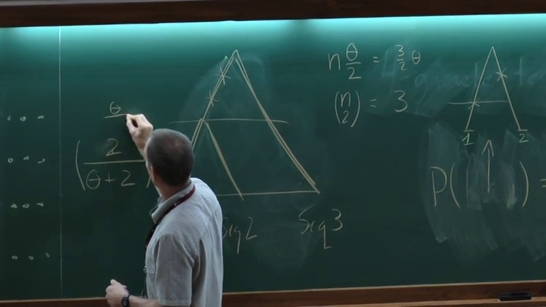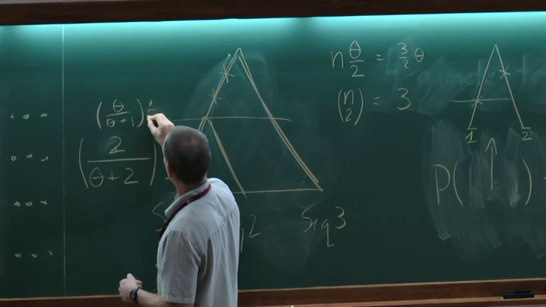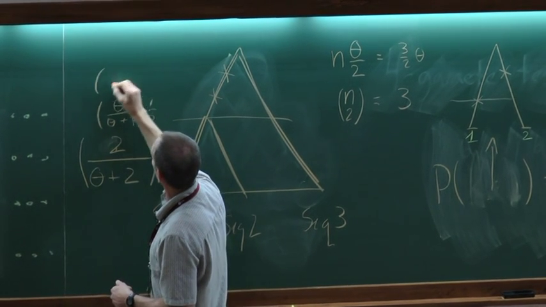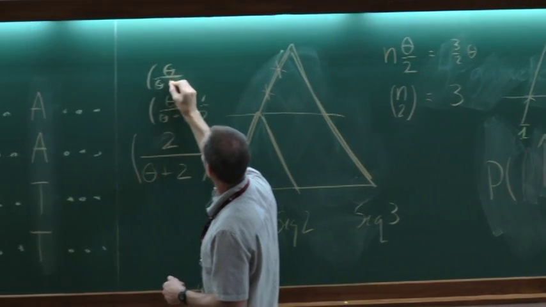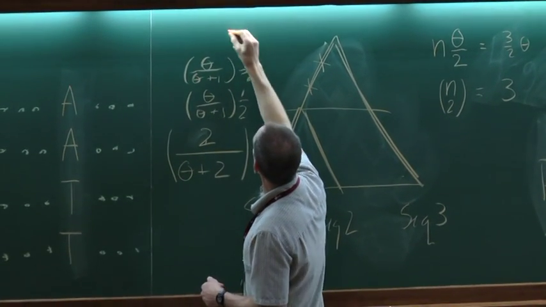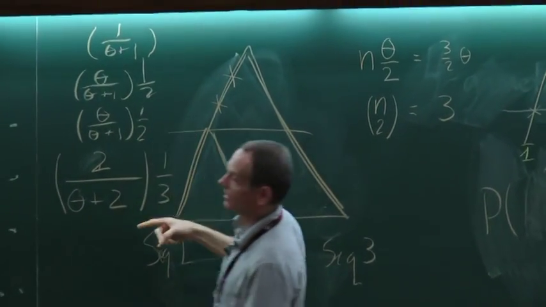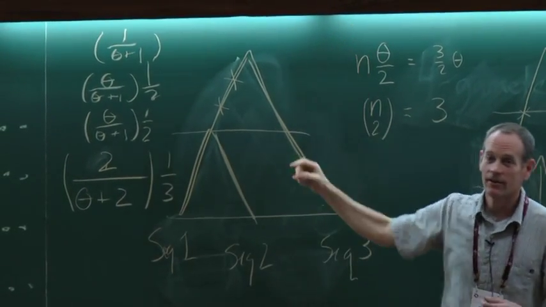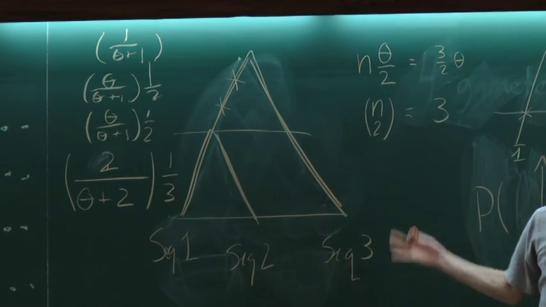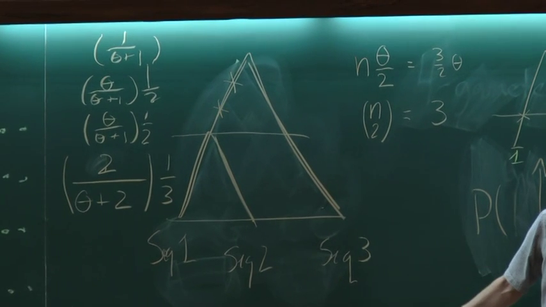And then I have to have theta over theta plus 1, and that factor of 1/2. And then another theta over theta plus 1, and that factor of 1/2. And then 1 over theta plus 1. I multiply those things together, and I have the probability of those data under the infinite sites mutation model, standard coalescence. Yep.